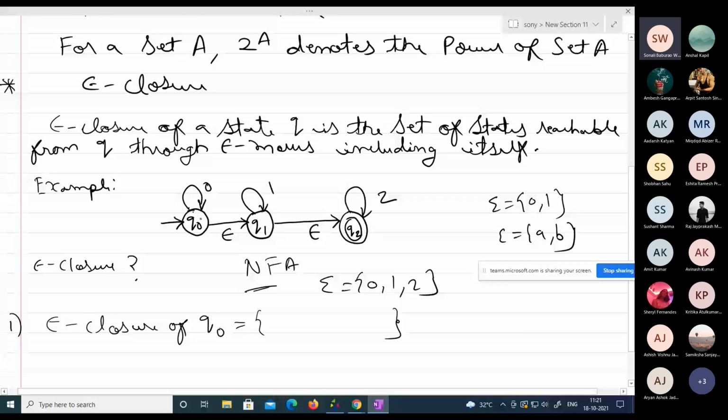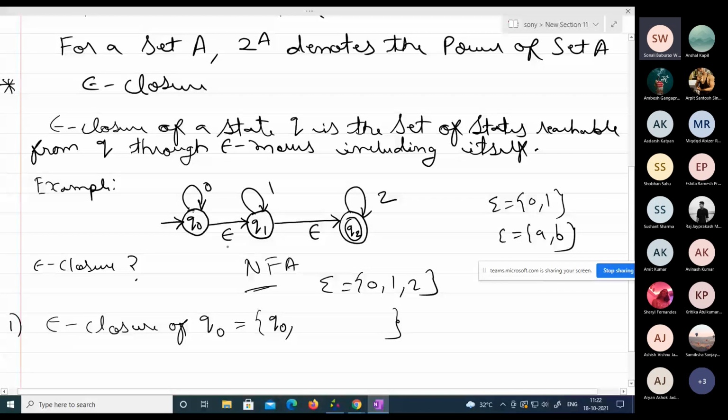What it means is that in epsilon closure, read the definition. Epsilon closure of a state Q is the set of states reachable from Q through epsilon moves, including itself. It means it will include itself, that is Q naught. Again, it is reachable to which states? Through epsilon moves.